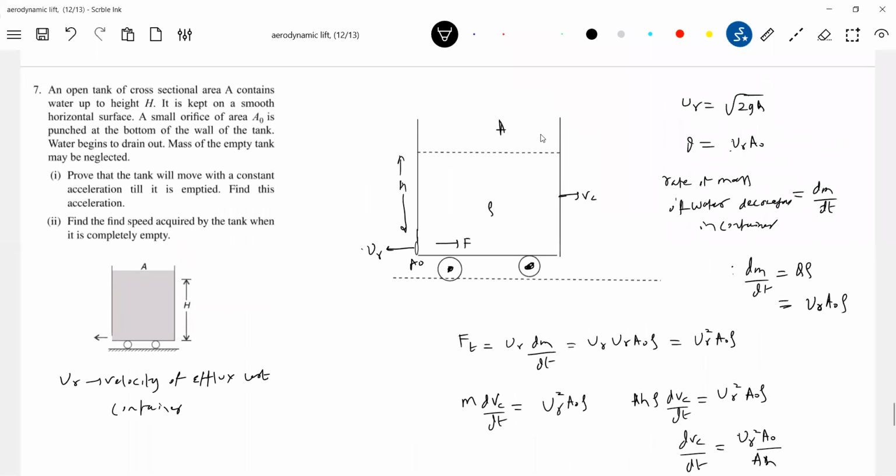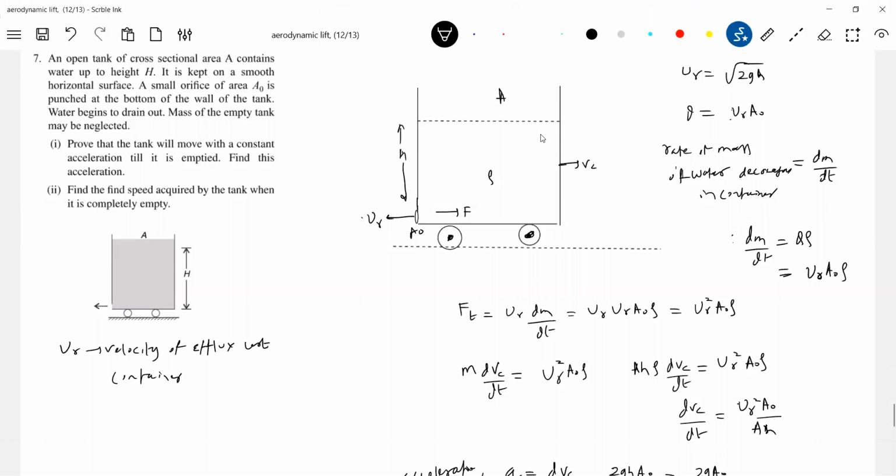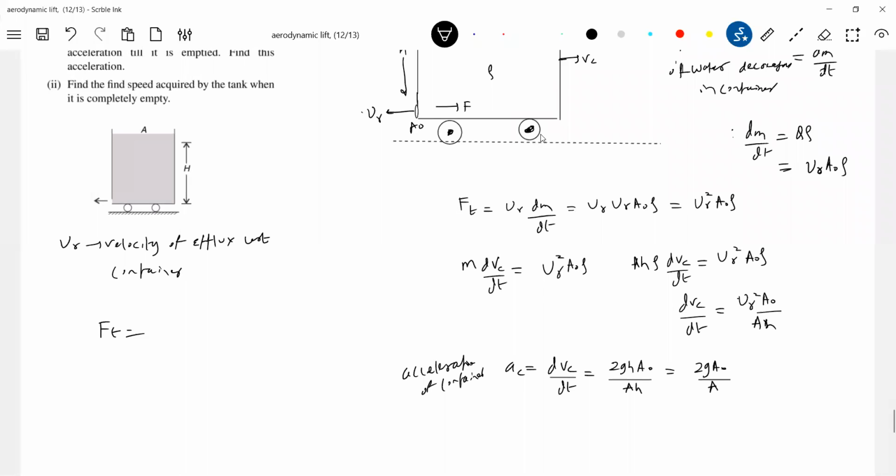I think for the thrust force you need not do this much. Directly, what can you write for the thrust force? Rho A naught UR square, rho A V square. Already we derived it, write it here. Then this thrust force only will accelerate it, m into dVc by dt, m into the rate of change of velocity of the container. If you are getting confused, simple: rho A naught UR square.